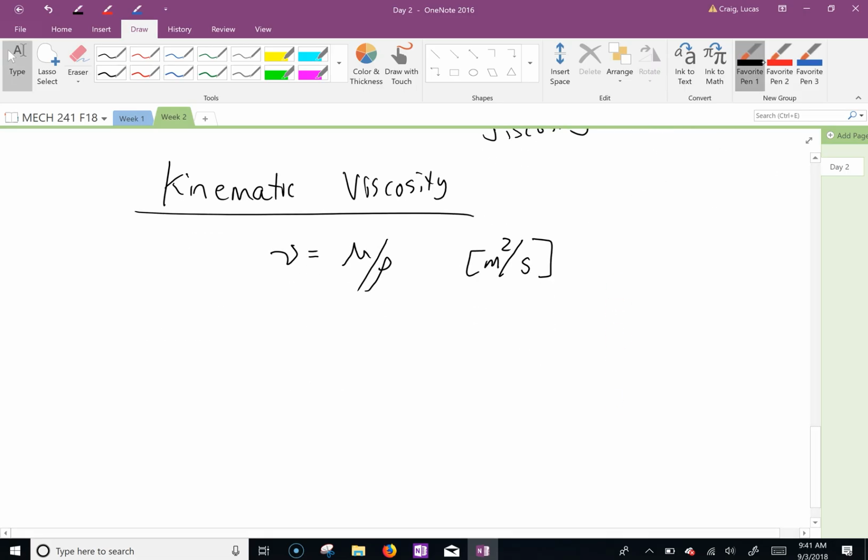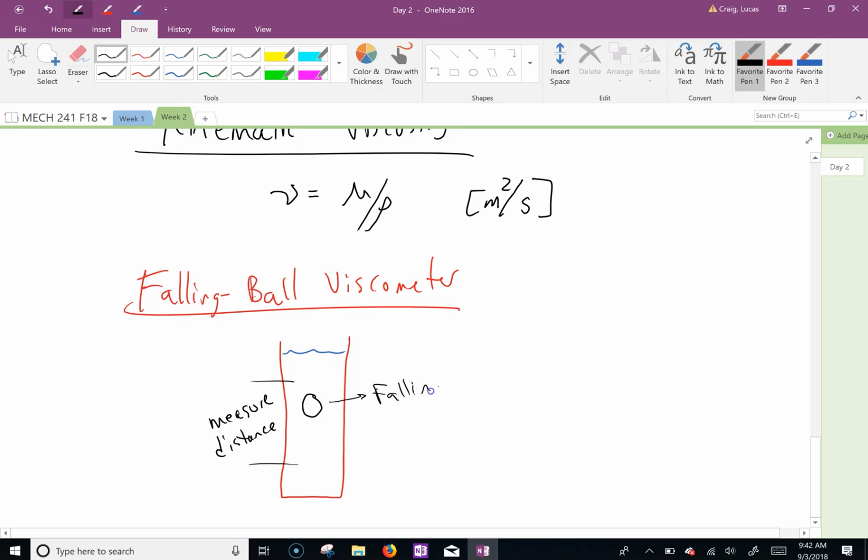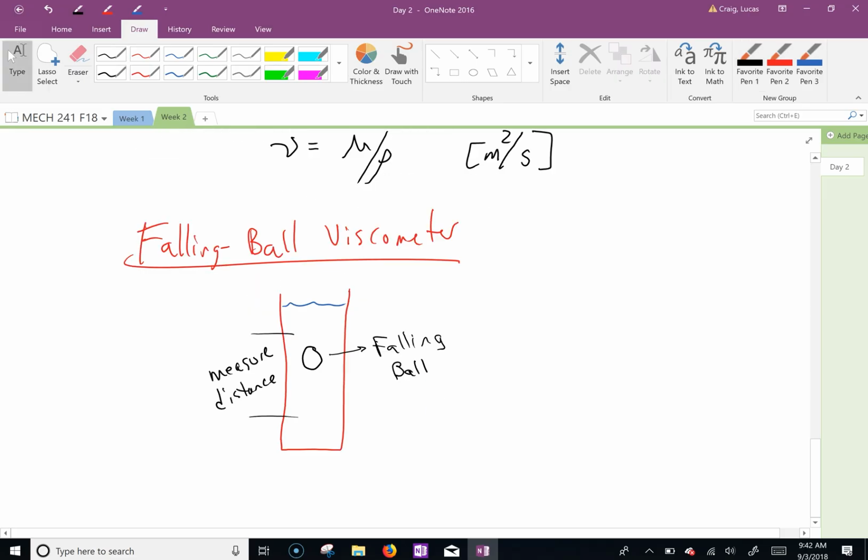And the last thing we want to talk about today is the falling ball viscometer. We drop a known ball with a diameter d.